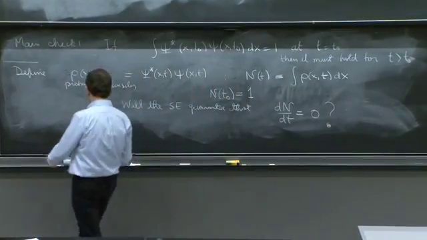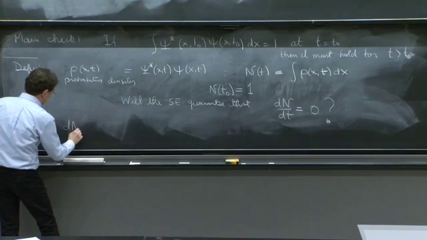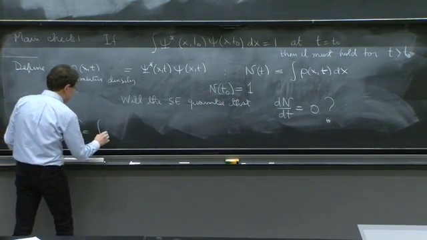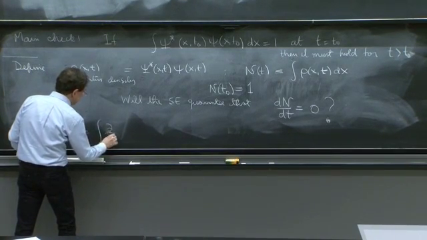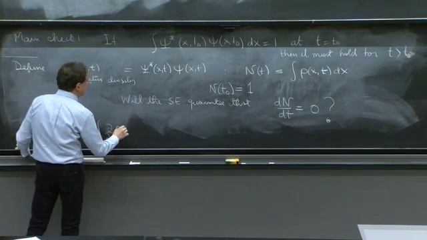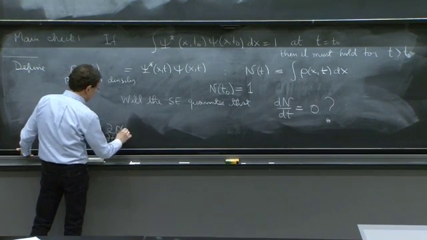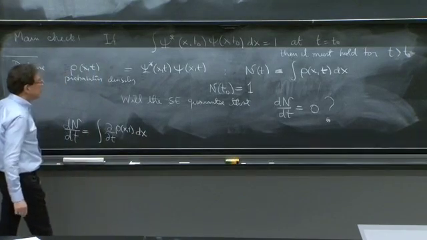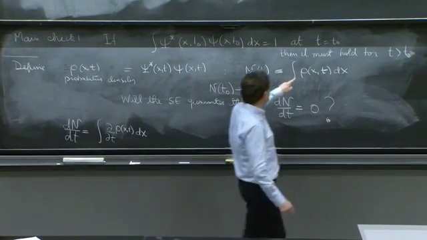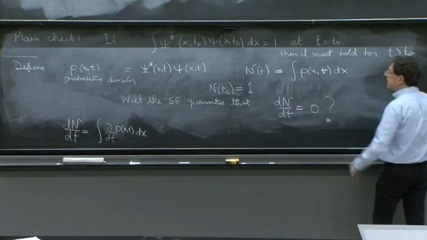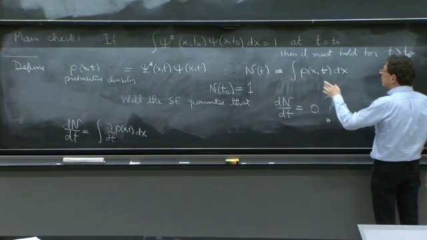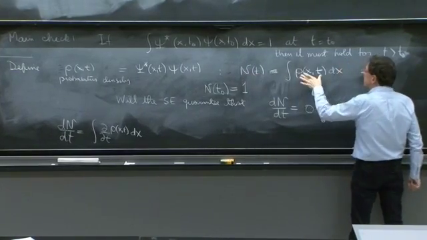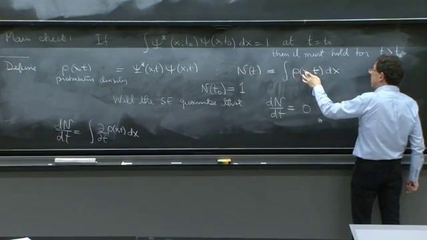So what is this derivative of N? dN/dt would be the integral of d/dt of rho of x and t dx. So I went here and brought in the d/dt, which became a partial derivative because this is just a function of t, but inside here, there's a function of t and a function of x.